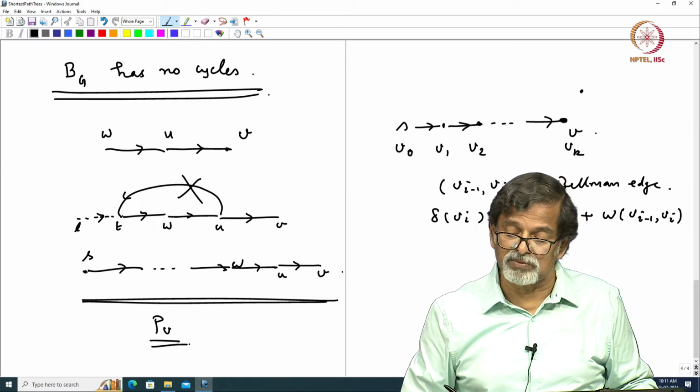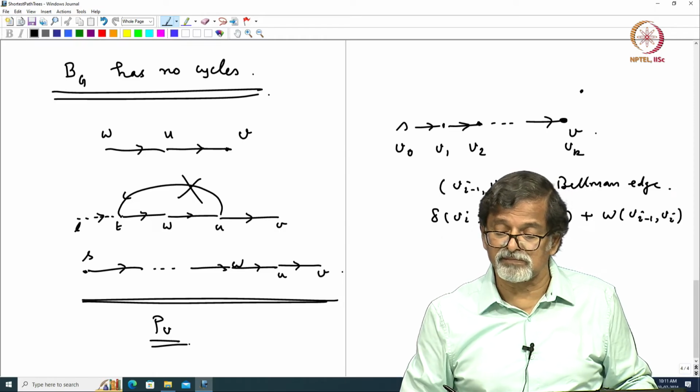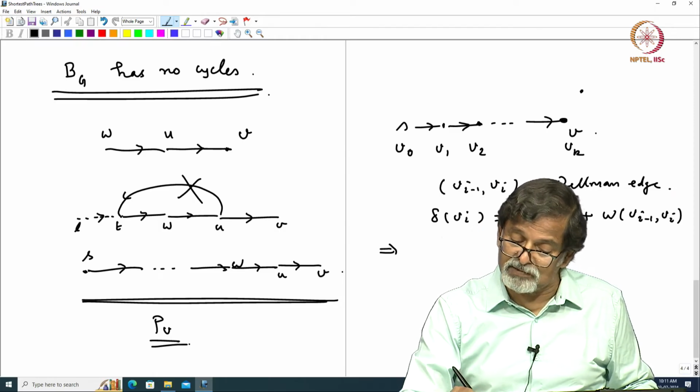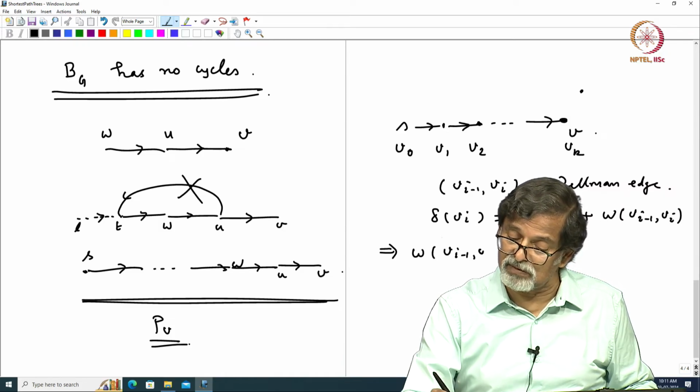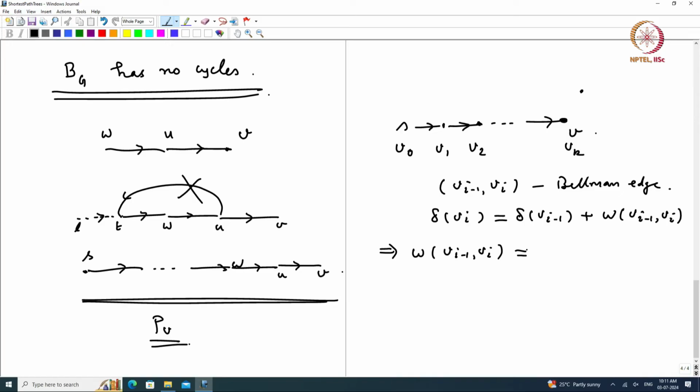This implies weight of Vi minus 1 Vi is equal to delta Vi minus delta Vi minus 1. I have moved delta Vi minus 1 to the other side. So for each i I have this equality.